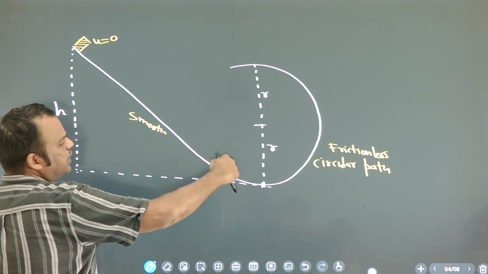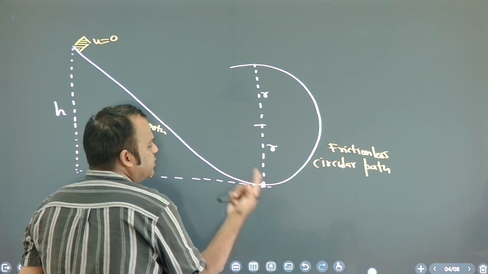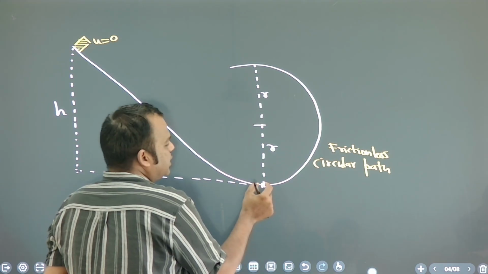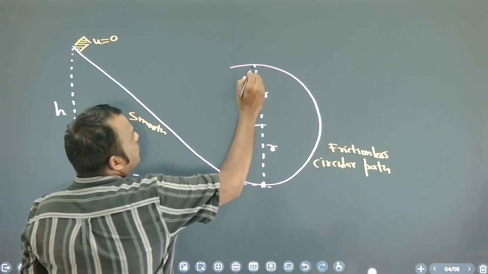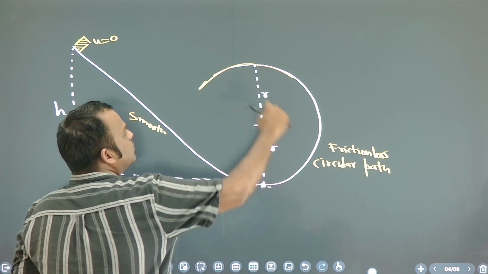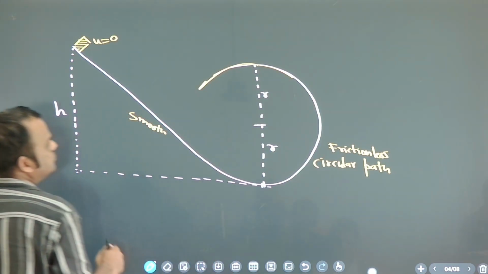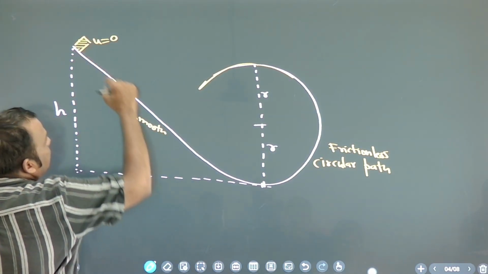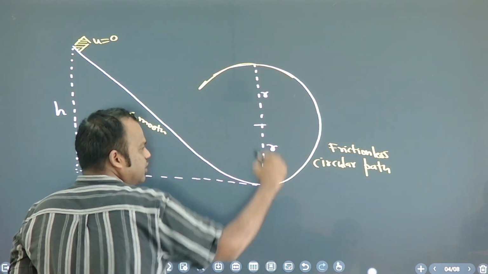Potential energy, kinetic energy increasing. So this is the lowest point. But after this, the path is circular. I want the block at least to just come here and fall down.